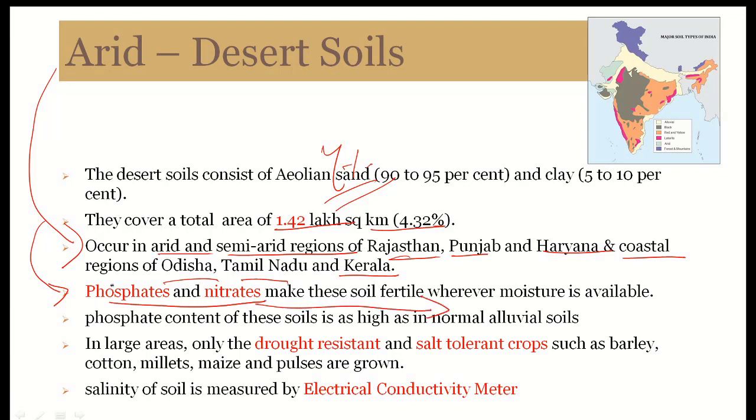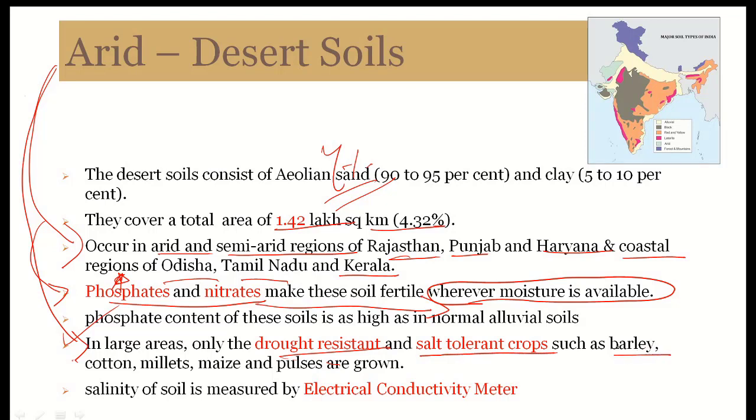The retention power of water is more, that is why soil moisture is available all the time. This soil is suited for drought resistant and salt tolerant crops like barley, cotton, millets and maize. These kinds of crops are grown in desert or arid soil.